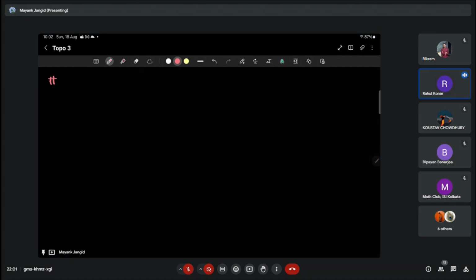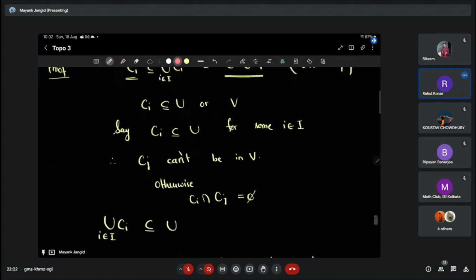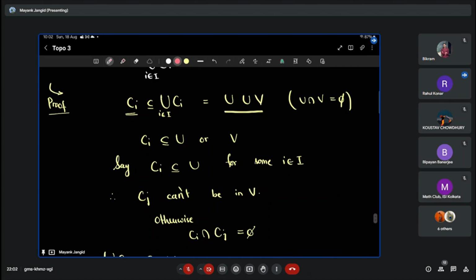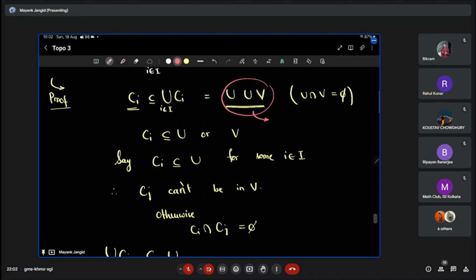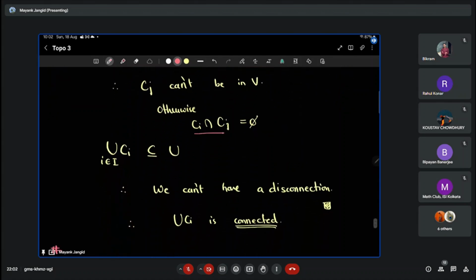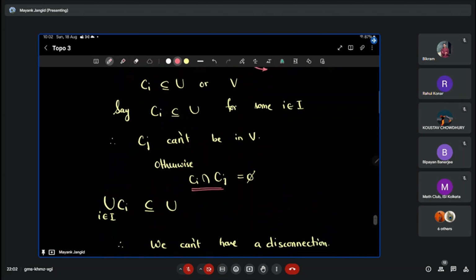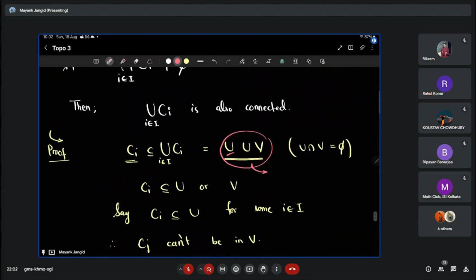So, I didn't get what the contradiction was in the last theorem. Basically, if we had any non-empty sets like this, then each of the Ci's must, like the union, must lie entirely in one of them. So the other one has to be empty.